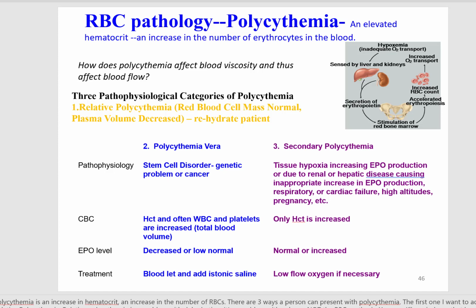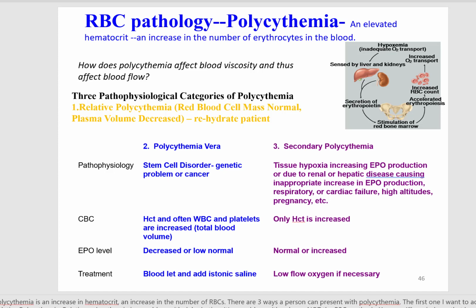If a patient is dehydrated, and we think how we calculate hematocrit, hematocrit is determined through a division problem. We divide the red blood cell column by the whole blood column volume height in millimeters.